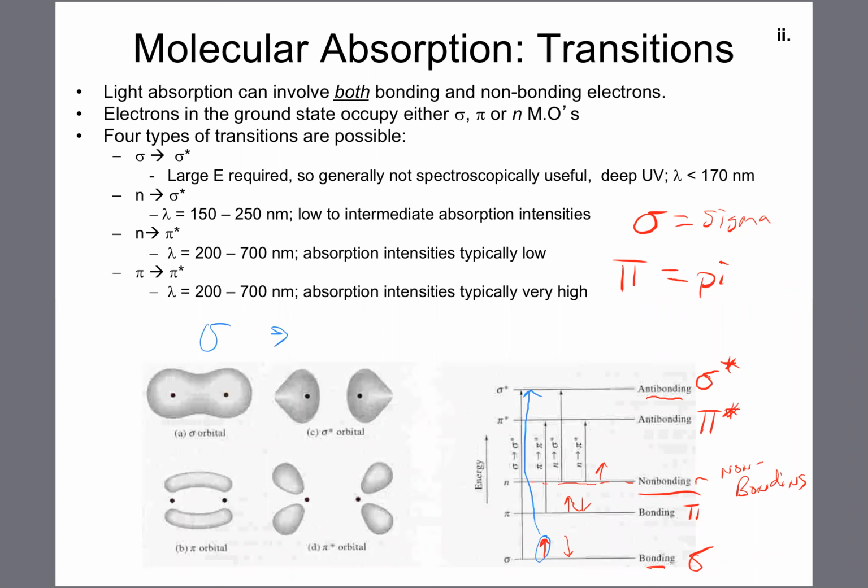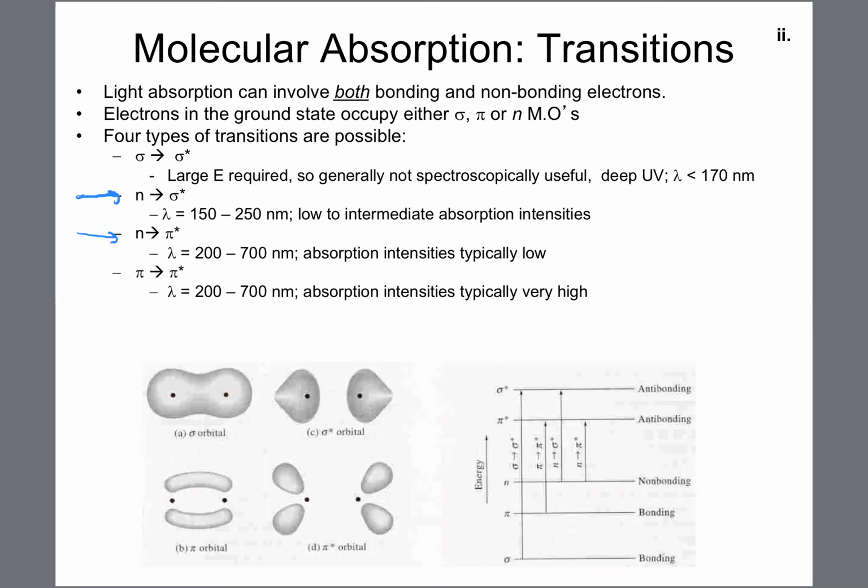There are other types of transitions that chemists might use. For instance, there's n to sigma star, or maybe n to pi star. And this is where you take an electron, which is in one of those non-bonding orbitals or lone pairs, and you promote that electron up to either a sigma star or a pi star orbital. So maybe this type of transition or alternatively that, okay?